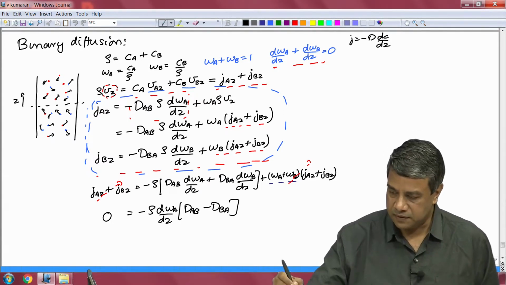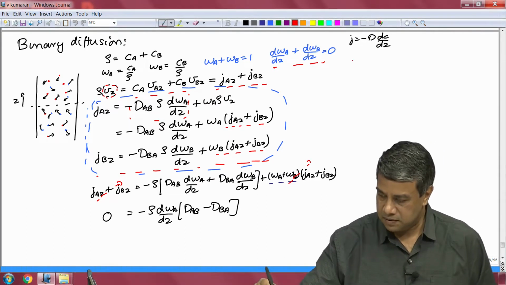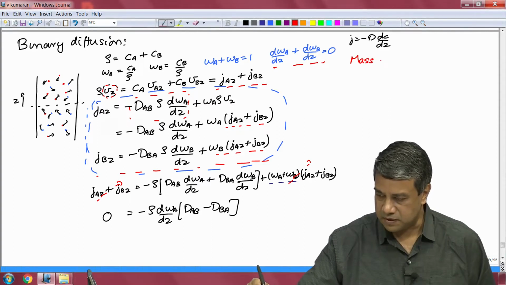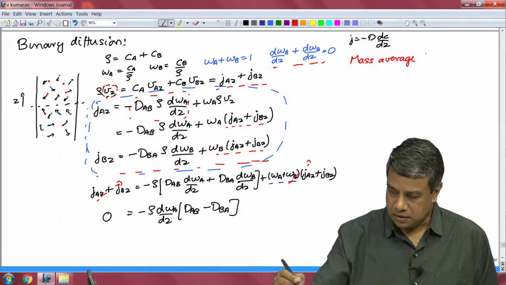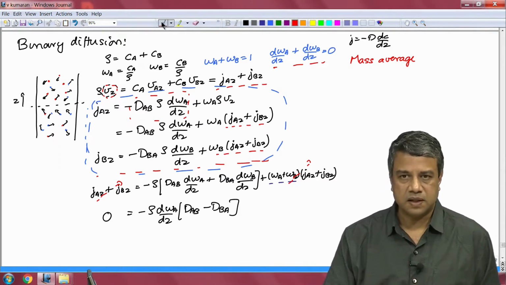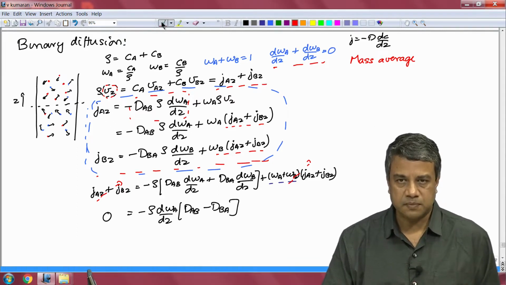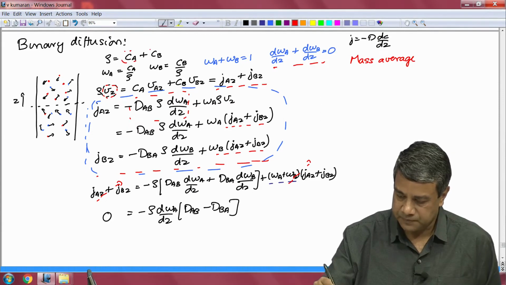I had defined for you what are called mass average quantities. The concentration of the two species in a binary mixture is the mass of that particular species per unit volume. So, you have two different species, Ca and Cb.